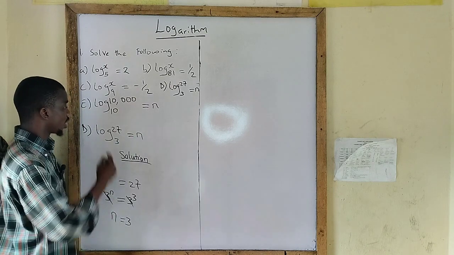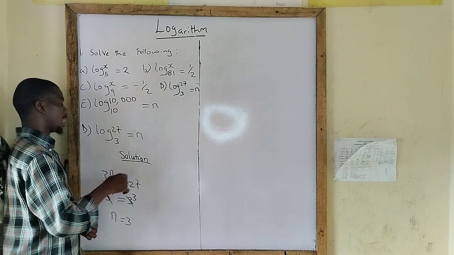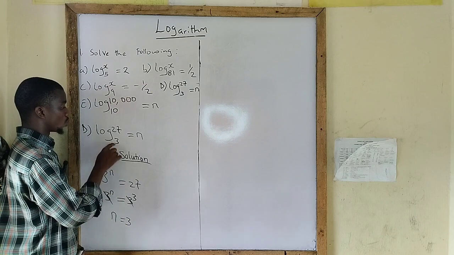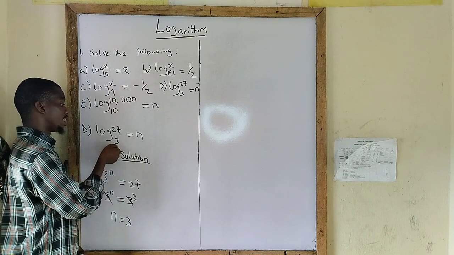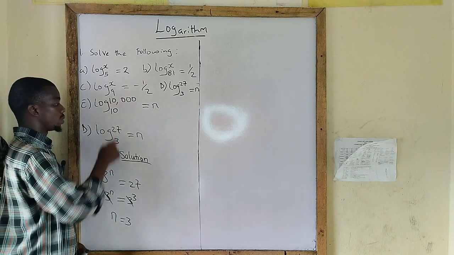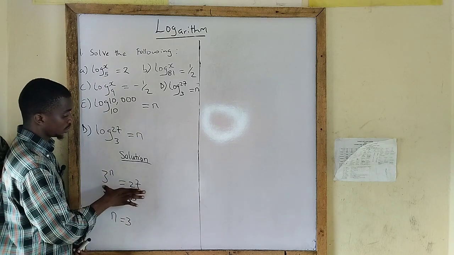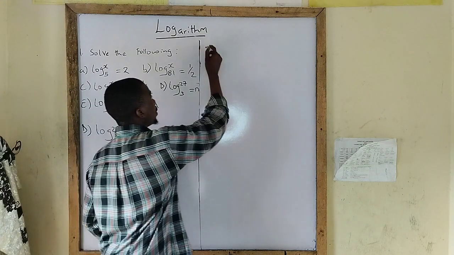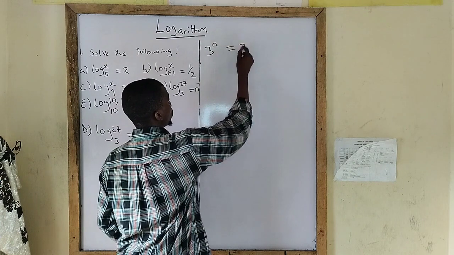So we have that n is equal to 3. Let's check whether 3 is actually the power to which the base 3 must be raised to obtain 27. 3 raised to a certain number n should be equal to 27.